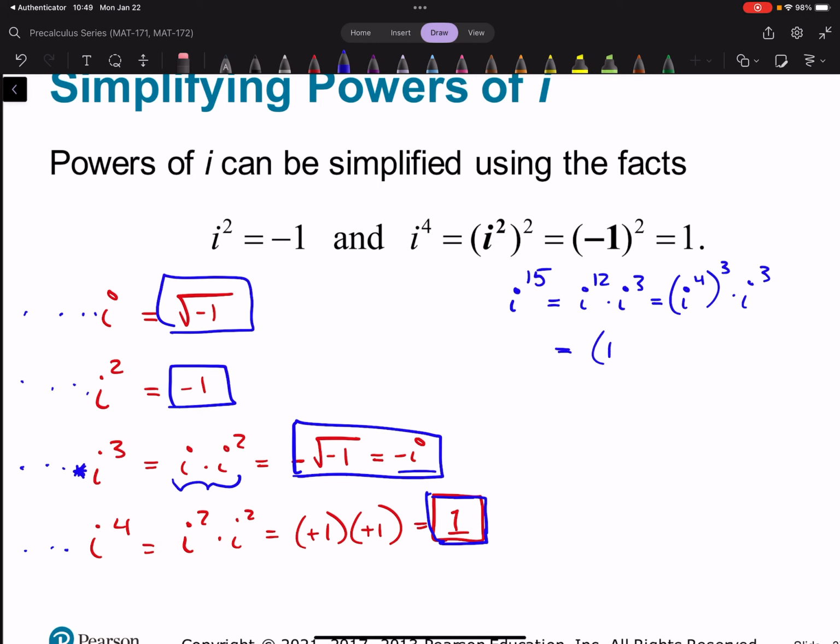It's 1. 1 cubed is just 1. So we just have i cubed here. Now we can express this as negative i, or we can express this as negative square root of negative 1.